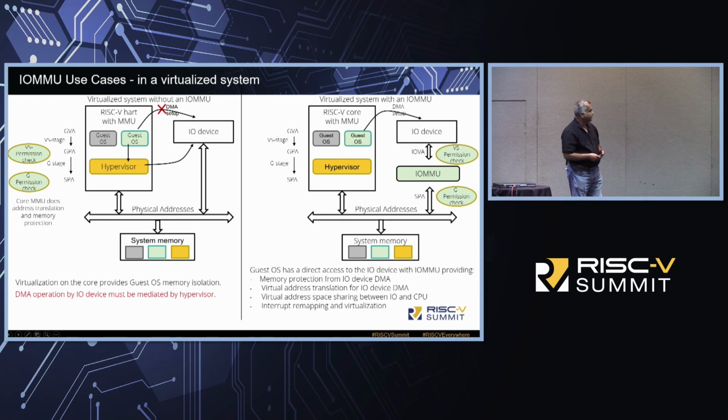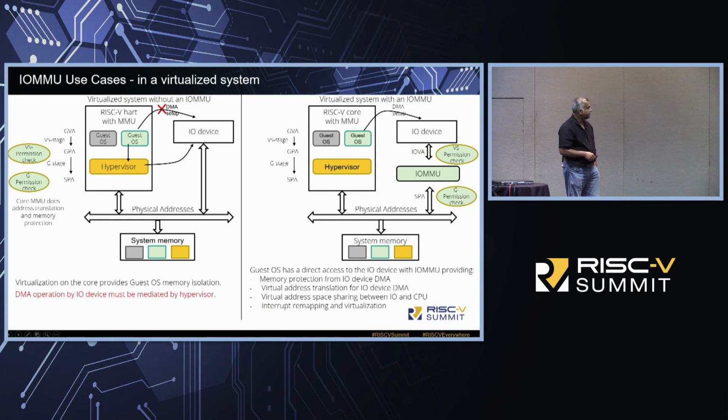The second use case is when you're using virtualization. Now you've got many virtual machines, and your hypervisor is setting up a page table so that it can constrain each virtual machine to the memory that it is allowed to access.